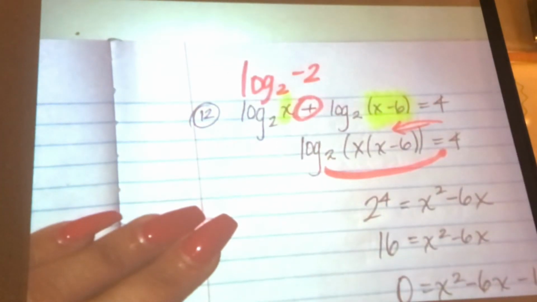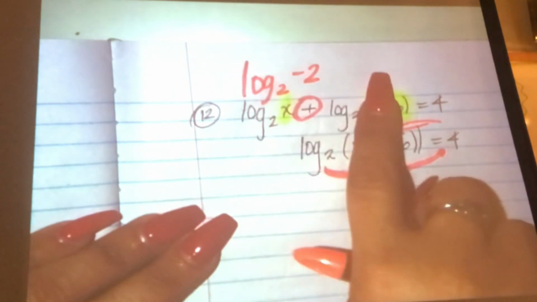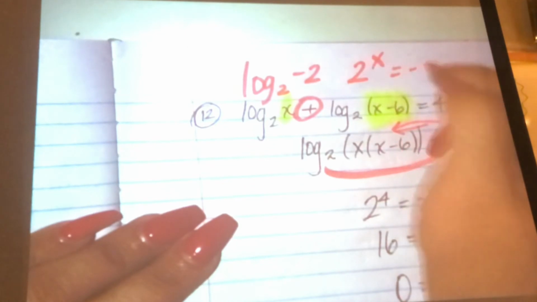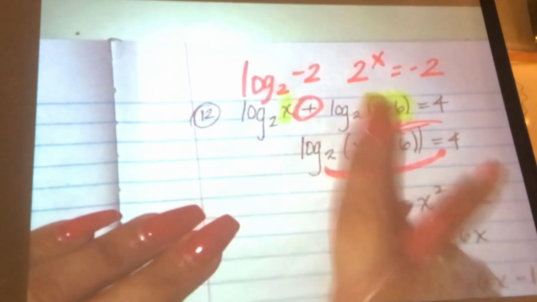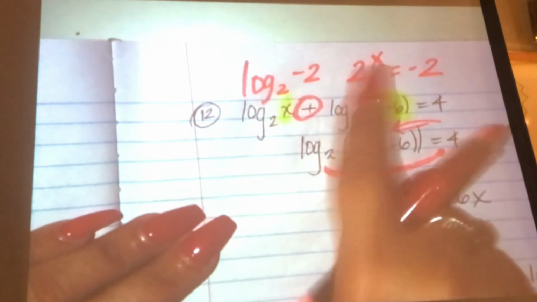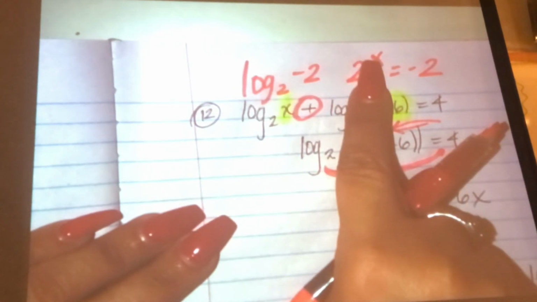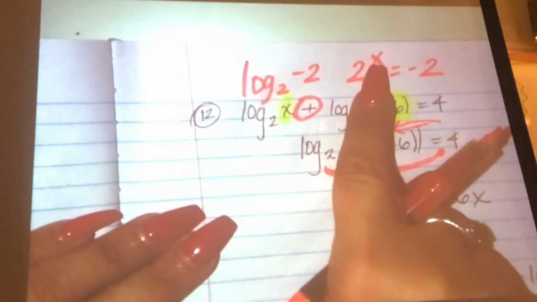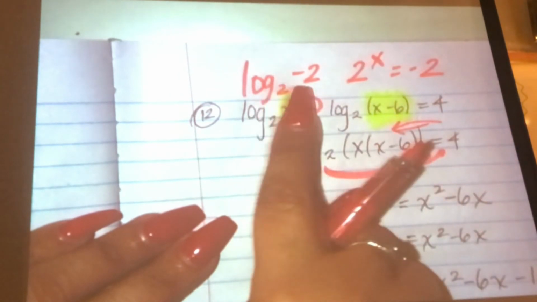That means 2 to an exponent gives me negative 2. Is that possible? No. Even if I put a negative up there? What's 2 to negative 1? That's 1/2. That's not going to get you negative 2. There is nothing you can put up here that's going to make this work. So which one of these is actually extraneous? Negative 2. The only answer is 8. That's it.